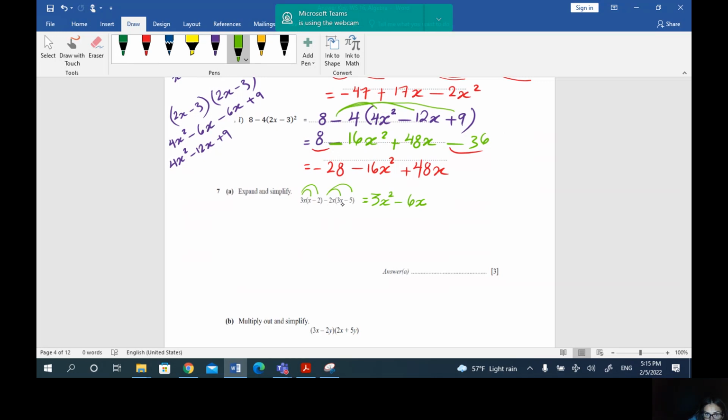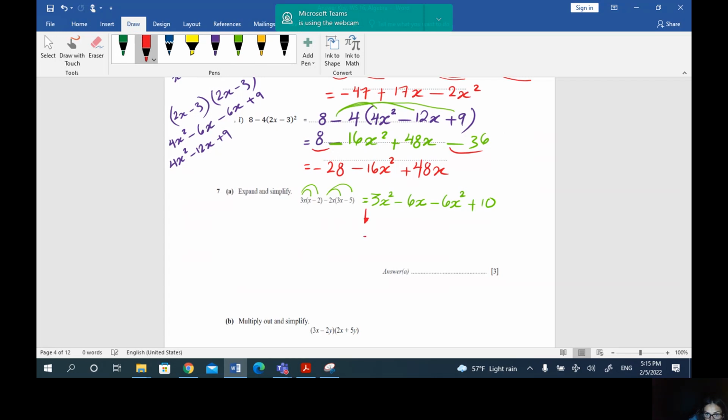Minus 2x times 3x, it will be minus 6x squared, and then minus 2 times minus 5, it will be plus 10.